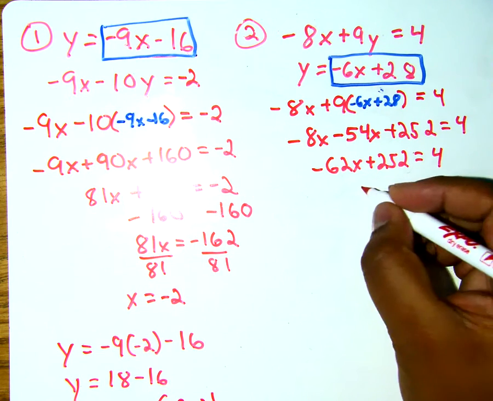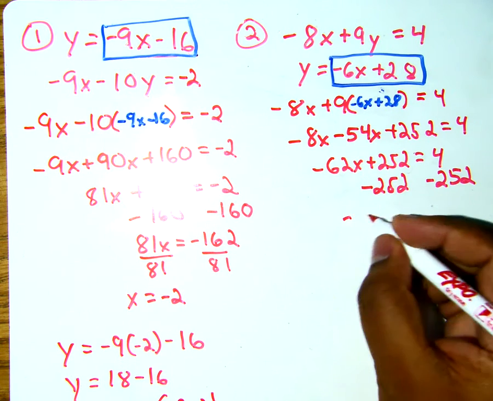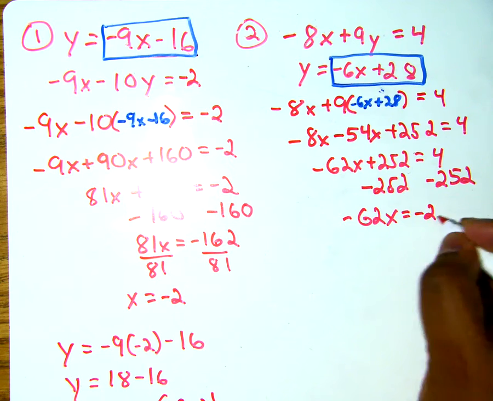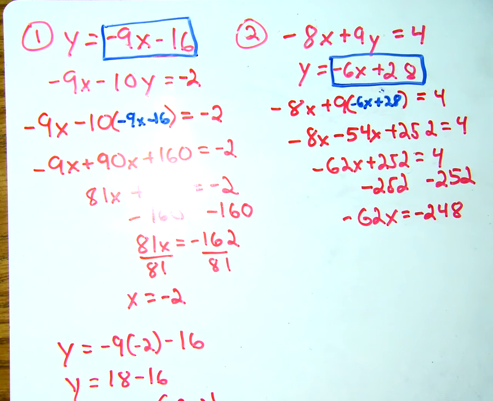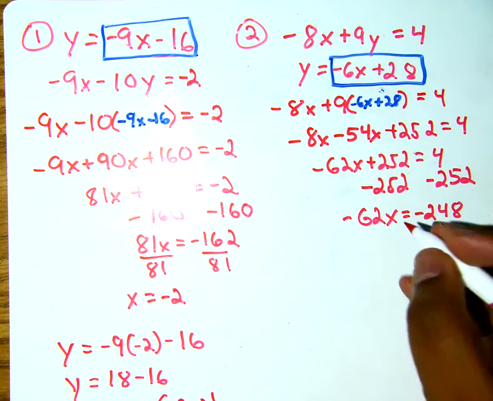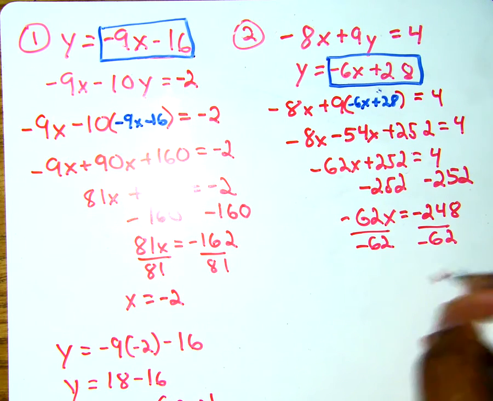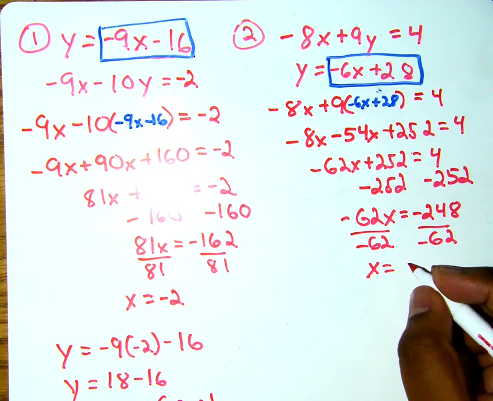All right, now I'm gonna go ahead and subtract the 252 and then attempt to get the x by itself, bringing down my negative 62x is equal to a negative 248. And now I'm going to divide by negative 62. And x is equal to positive 4.